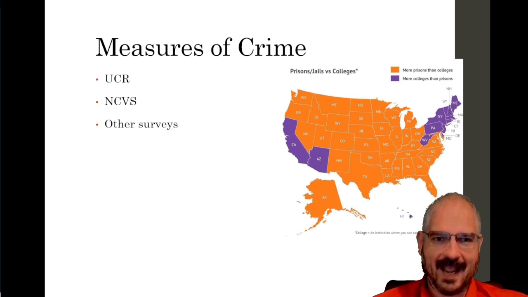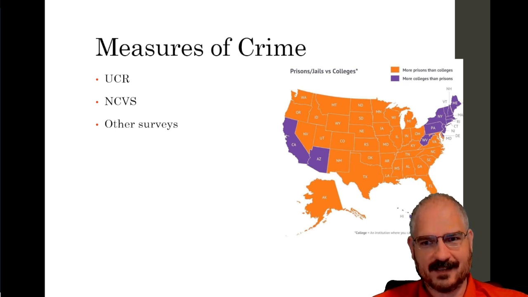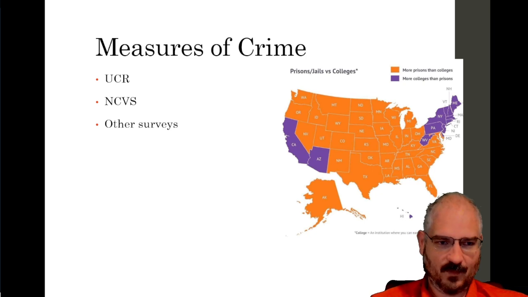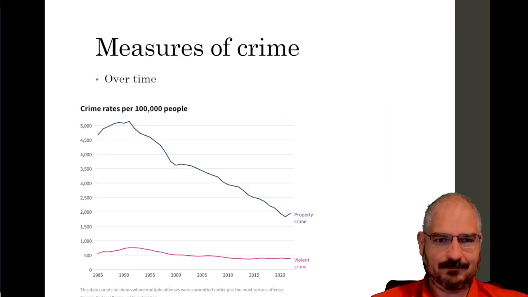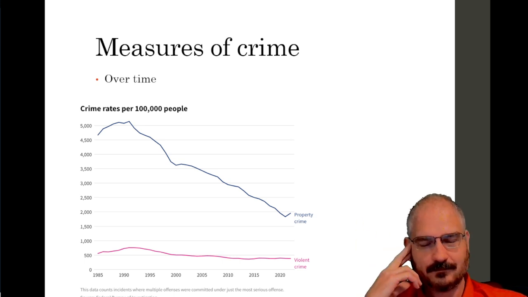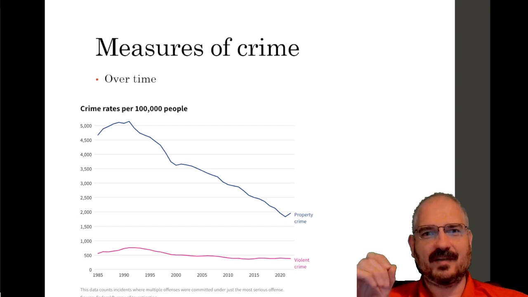Okay? Now, what do the UCR and the NCVS tell us about crime based on different factors? Well, first one we can look at is over time. This is something vastly misunderstood by the American people. If you ask the American people, is crime going up or down?